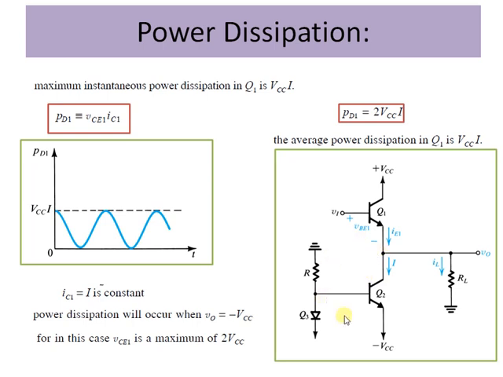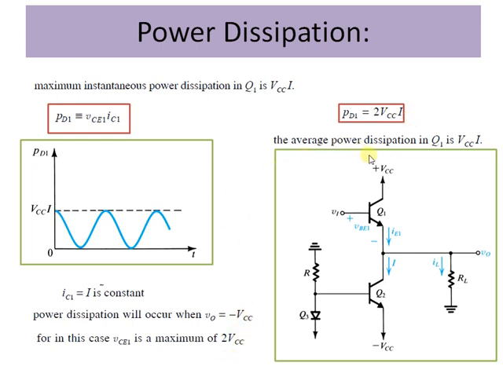Also considering the transistor Q2, it conducts a constant current I and a maximum value of VCE2, which is equal to 2 times VCC. So the maximum instantaneous power dissipation in Q2 will be equal to 2 VCC into I. I can write PD2 equal to 2 VCC into I, and the maximum will occur when output voltage Vout is equal to VCC.